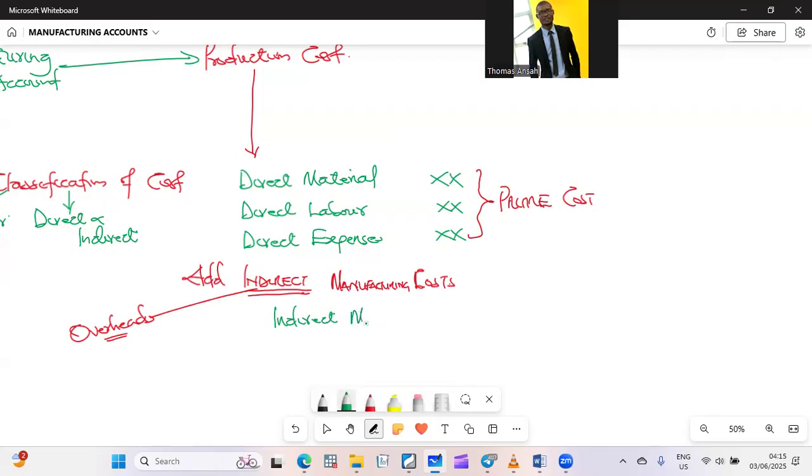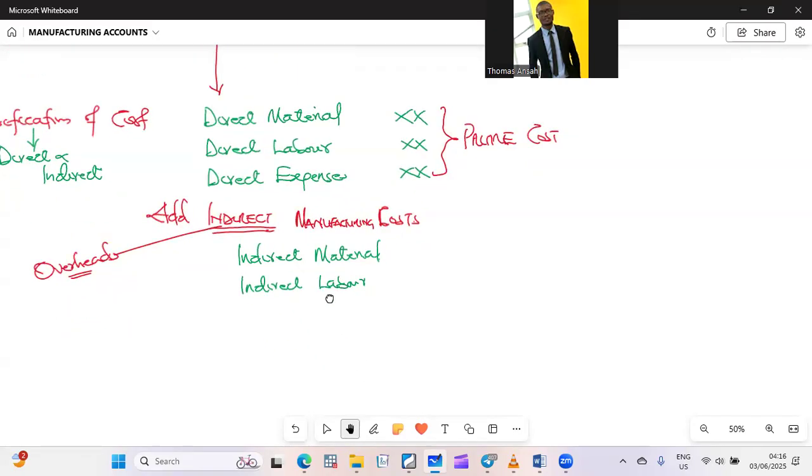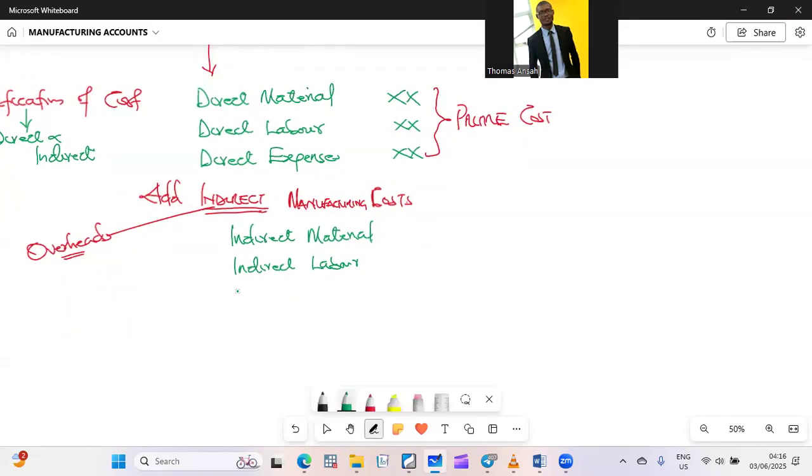It can be indirect material, it can be indirect labor. They are all doing the production. It's just that one is directly to the production, what is going on in the factory, and the other one is indirect. Then we have indirect expenses. When you put these things together, what was the name? Manufacturing overheads.